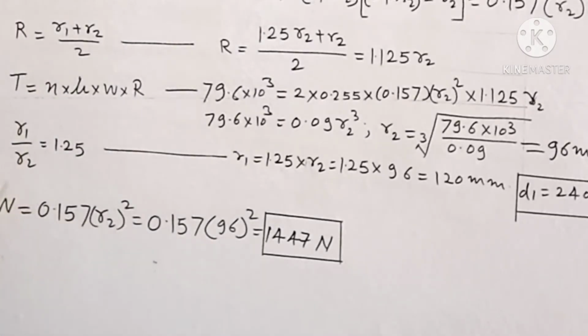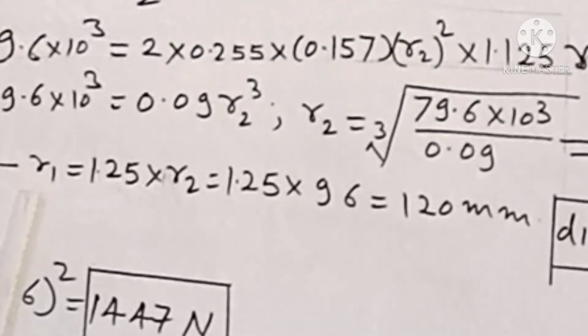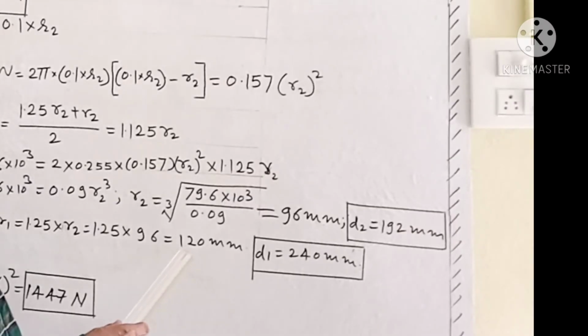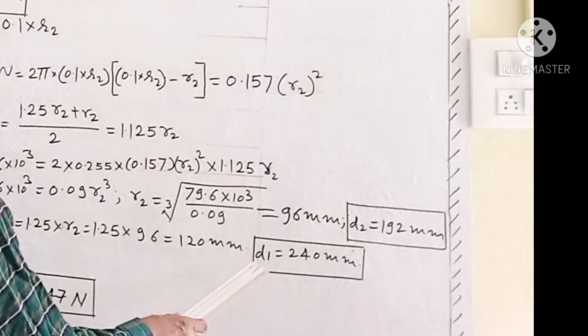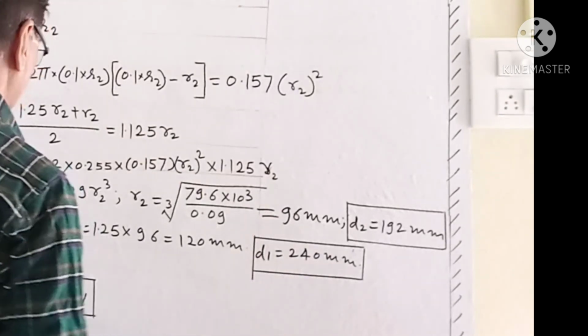Now from the formula R1 upon R2 is equal to 1.25, this ratio is given, we calculate the value of R1, that comes out to be 120 millimeter. So multiplying this value by 2, we get the diameter D1, that comes out to be 240 millimeter.